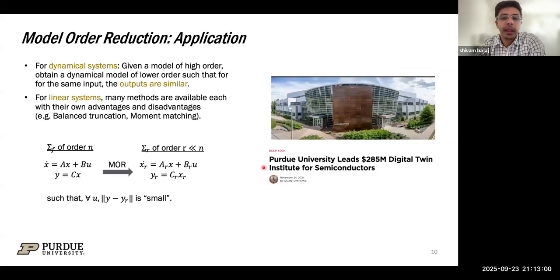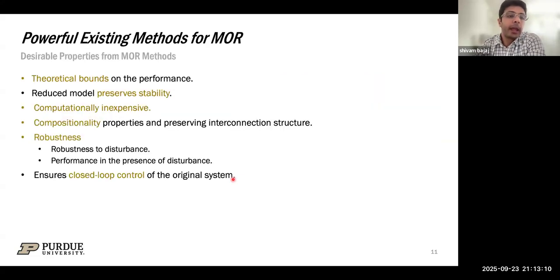Now, one of the applications of model order reduction is in semiconductors. In fact, Purdue is now leading the digital twin institute for semiconductors. For any method of model order reduction, there are certain properties that are desirable. One is that we want theoretical bounds on the performance, and by performance, I mean the error between the outputs.